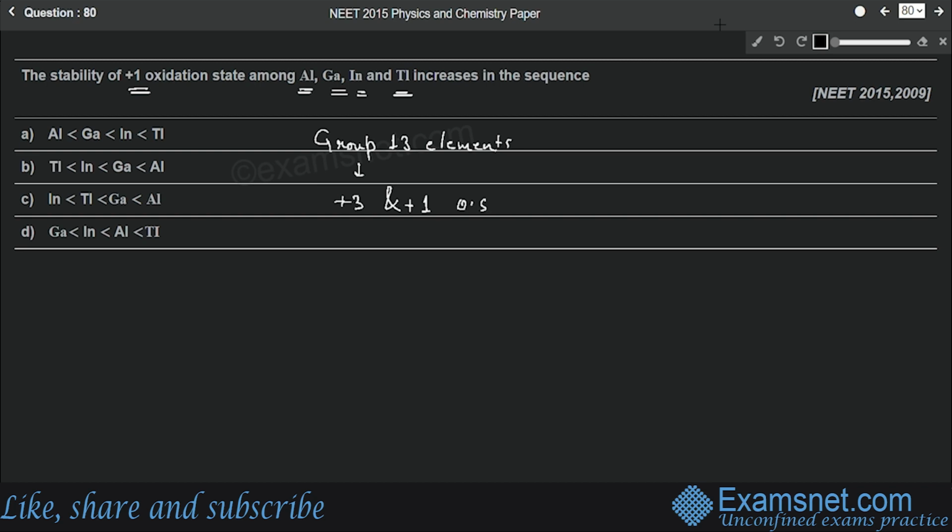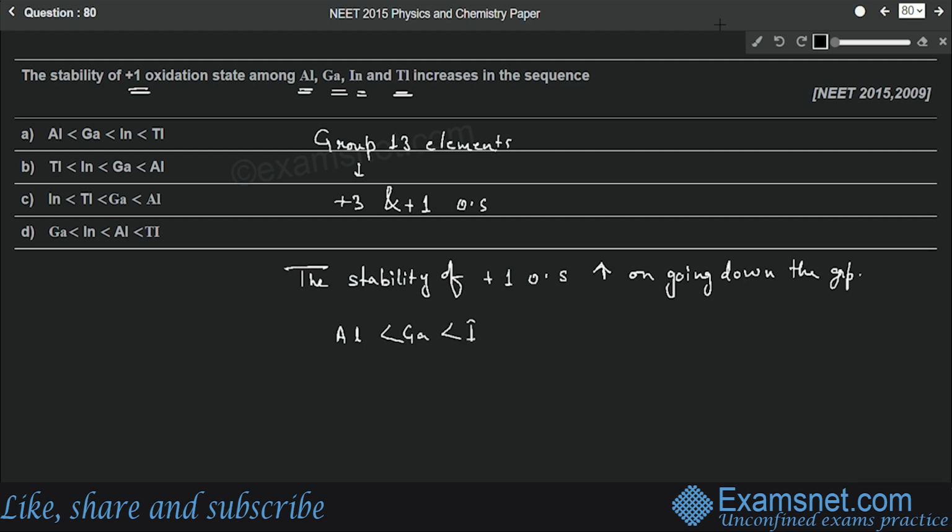Now the stability of the lower oxidation state, that means +1 oxidation state, increases on going down the group. Therefore the stability of +1 oxidation state will be aluminium, then gallium, then indium, and then thallium. So this will be the sequence of stability of oxidation state. So which option will be the correct answer? Option A will be the correct answer.